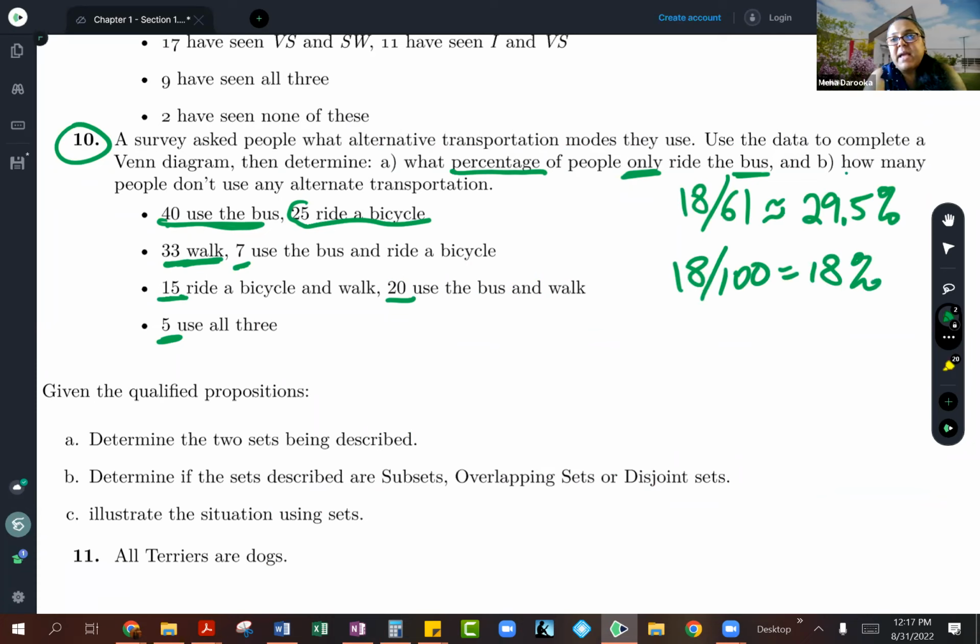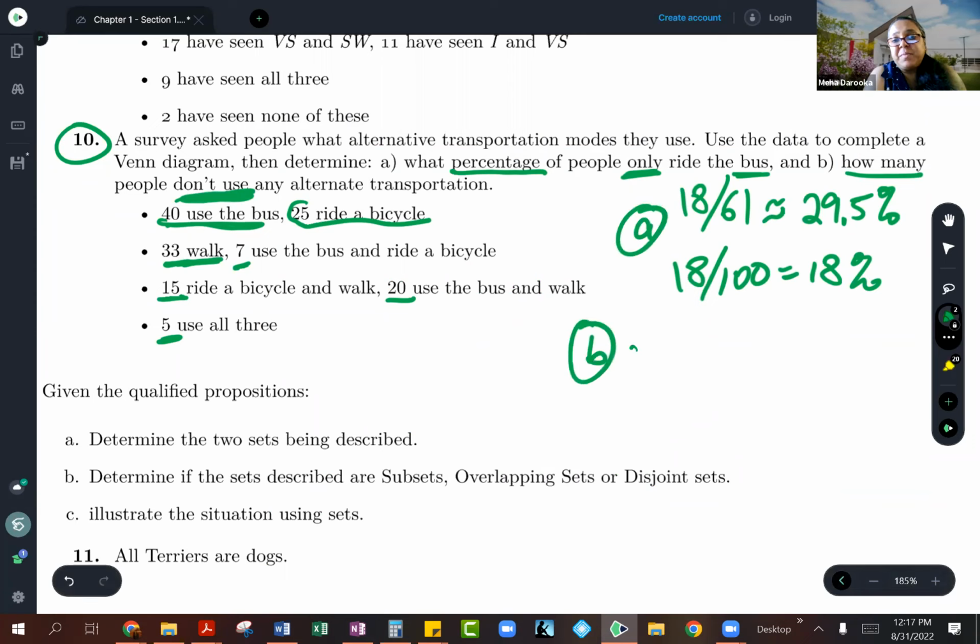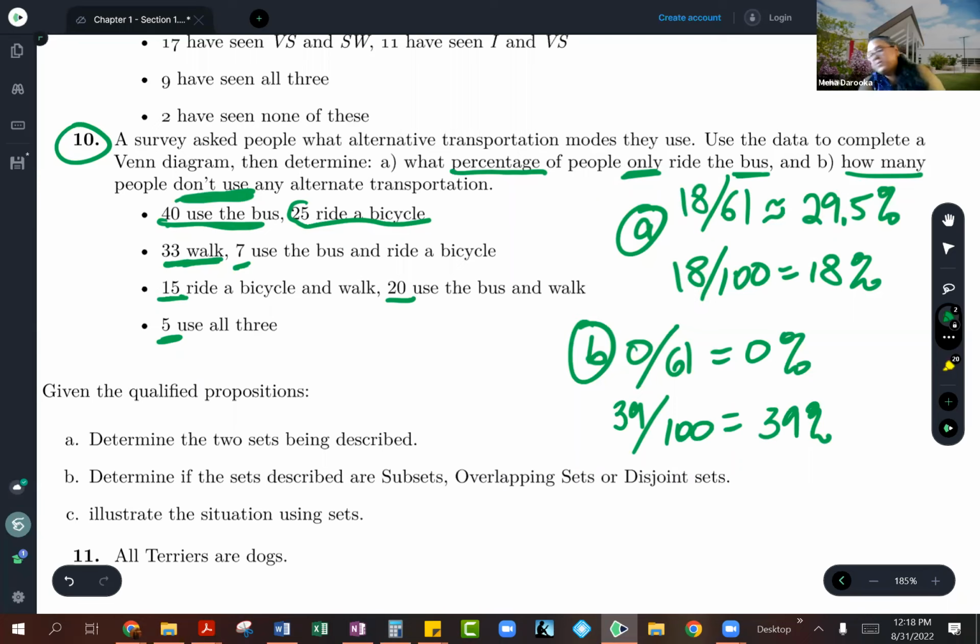And then same thing, how many people don't use alternate transportation? This was part A. So part B could be 0 out of 61, since they didn't tell us anything about people. Or are you doing 39 out of 100, which then of course comes out to be 39%.